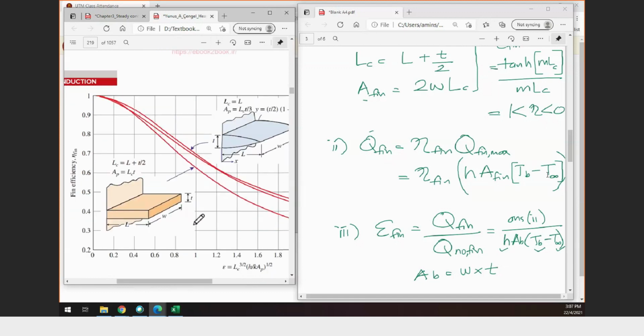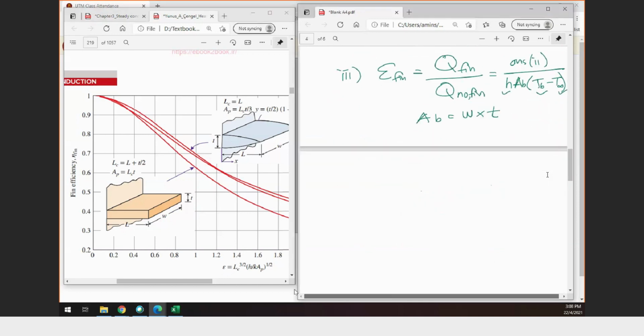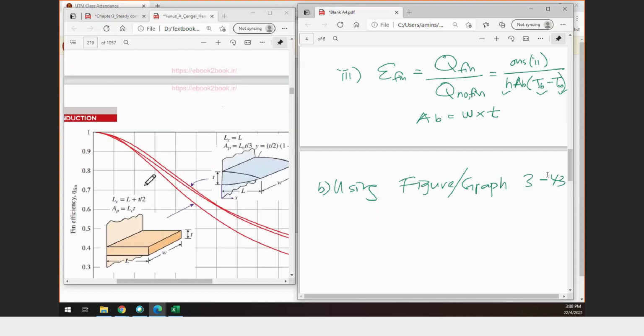So first, let's say for part B, using the figure or graph 3.43. Yes, 3.43.